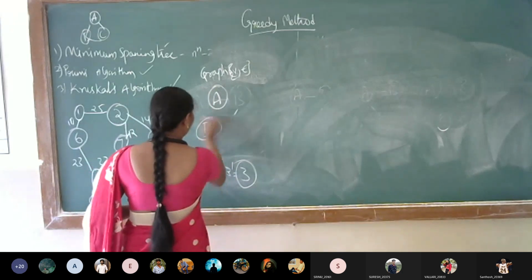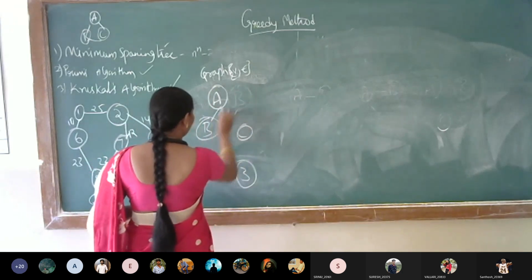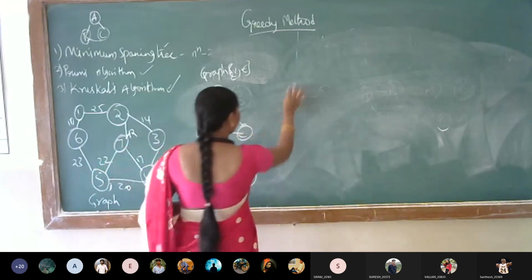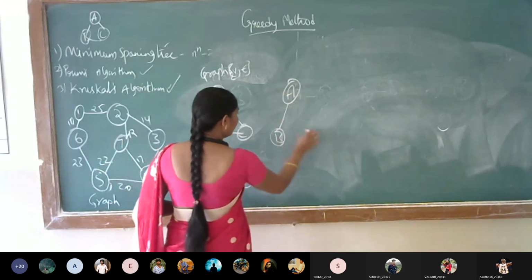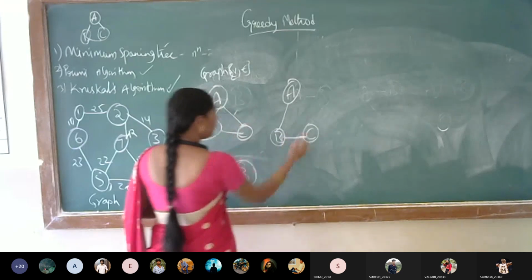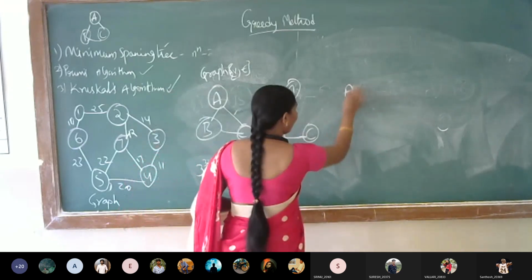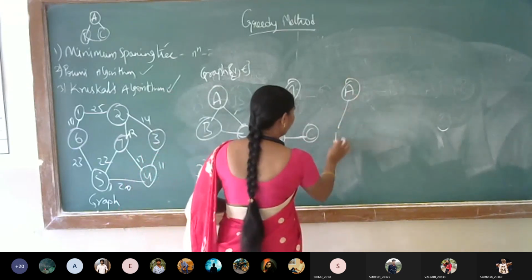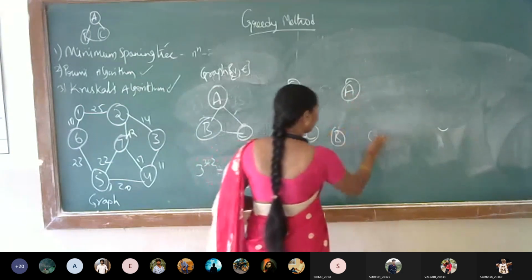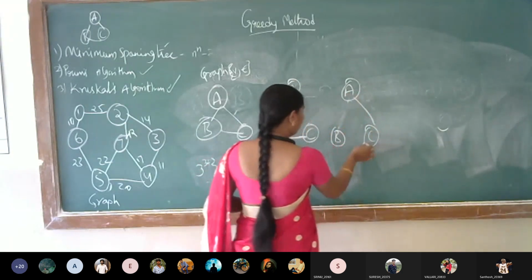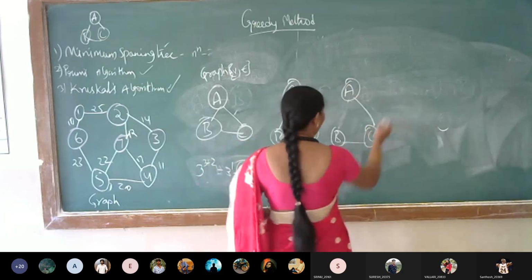A, B, C. Okay. So I can visit A, then B, and then I can visit C. Okay. Then after that I'll be visiting A, B, C. Okay. This is the second graph.